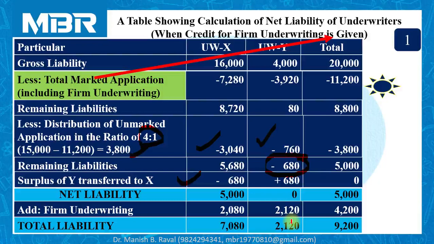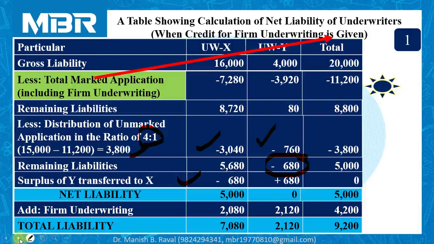So in this way, at the time of solving the problem, it is necessary for all of us to understand the situation, whether we have to provide credit for firm underwriting or not. So this is all about calculation of net liability of underwriters when credit for firm underwriting is given.